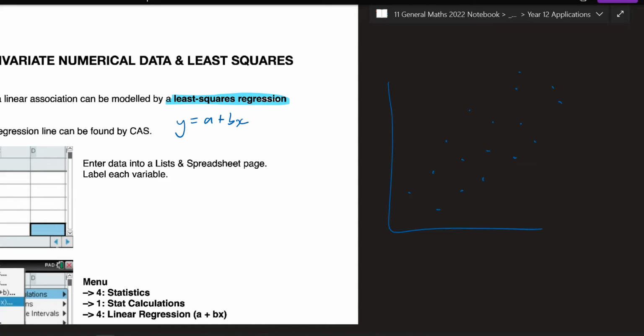The least squares regression line is a line that goes through the data and represents the data, and it helps you to predict certain variables depending on where the scatter plot is located. It's something we use a lot in bivariate data, so make sure you're paying attention.